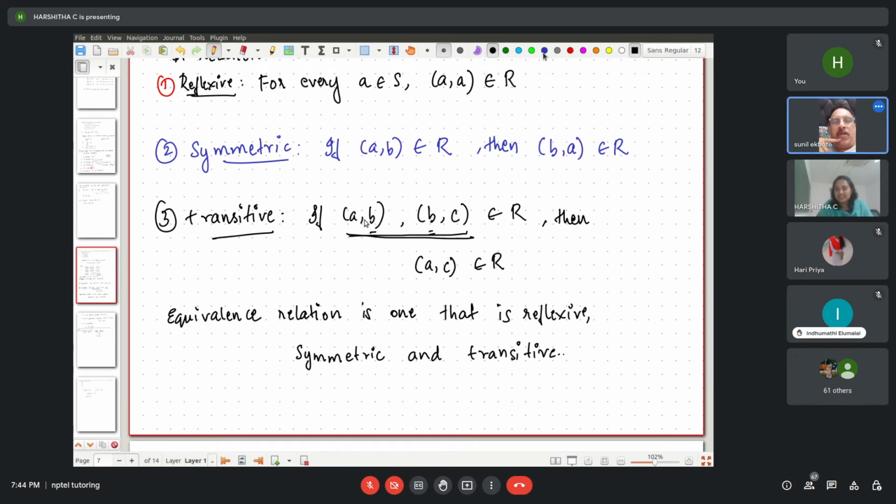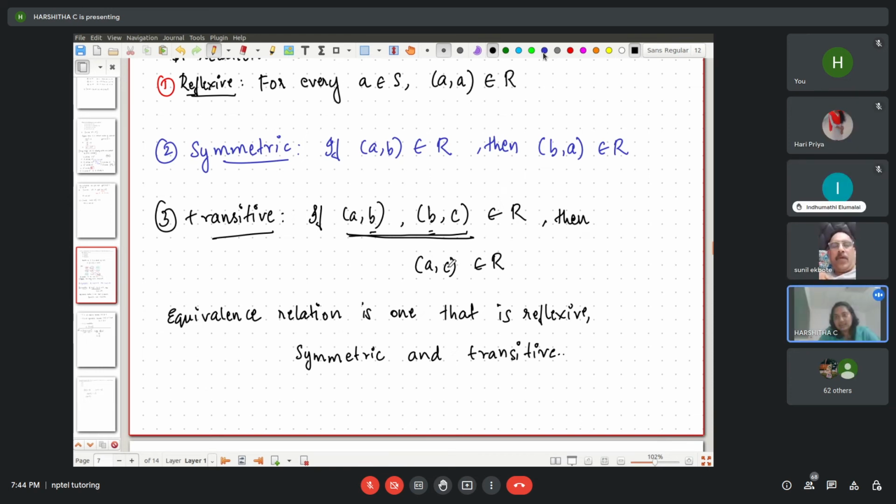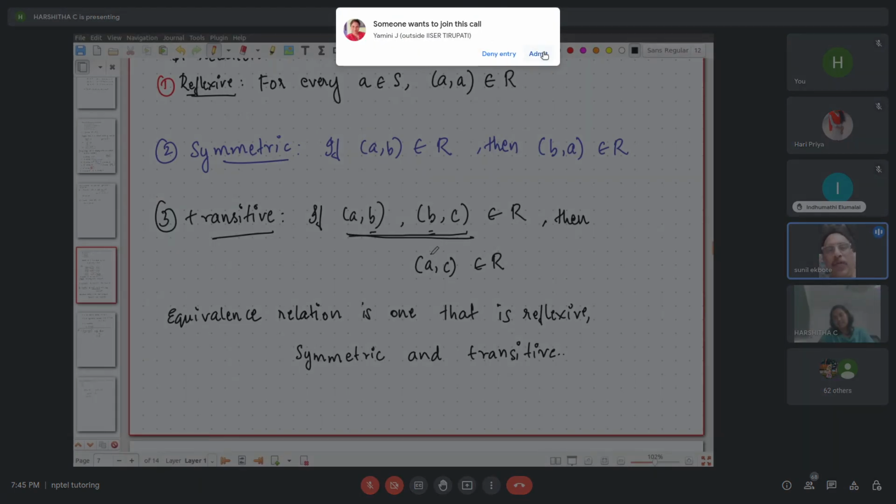So the subtle point here is that we're saying if you have elements like this in the relation, then the third element also has to be there. It means if the relation contains only one element, then it is always transitive.